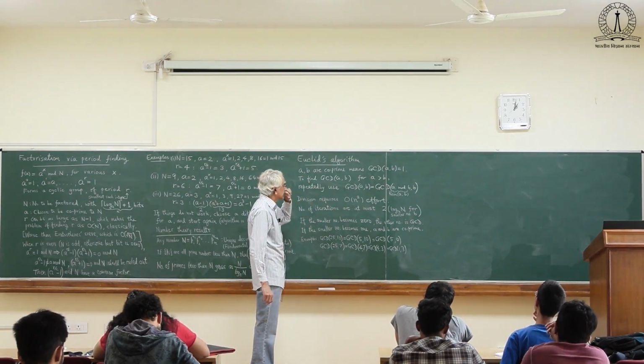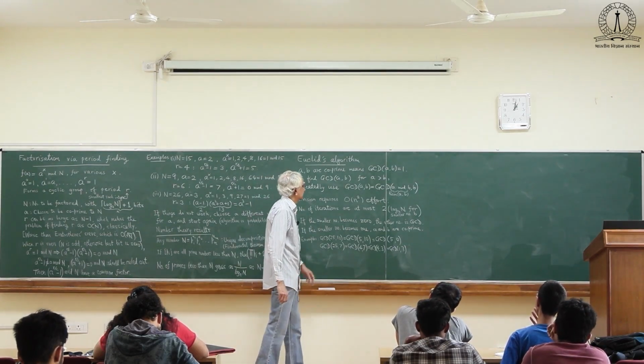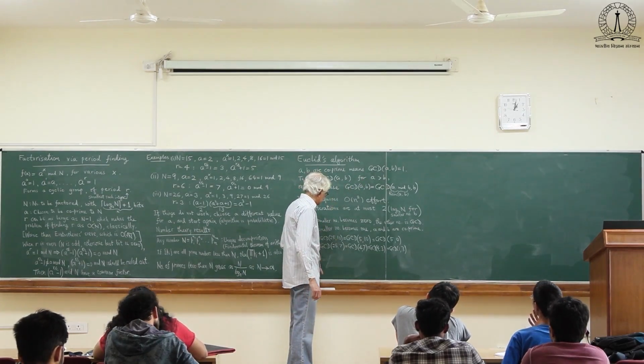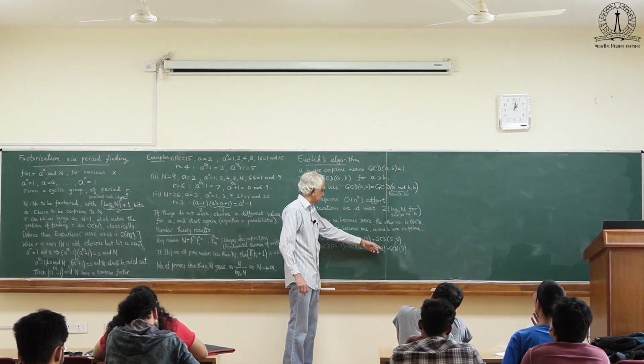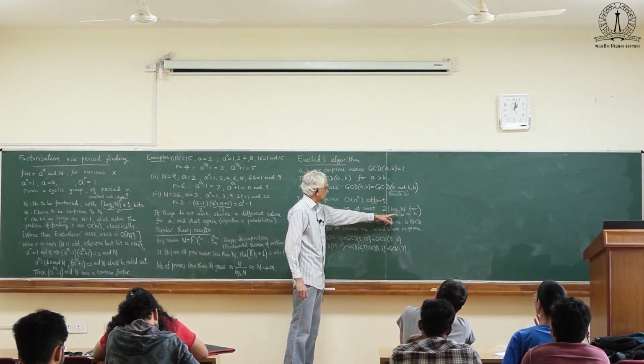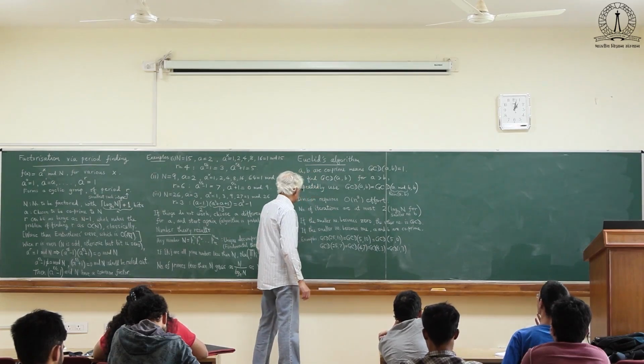So this algorithm basically only works with these remainders, and the number of steps, as I said, is log n of the smaller number.